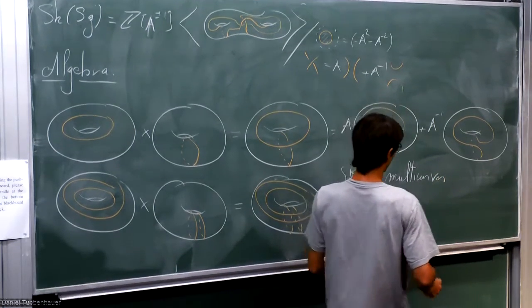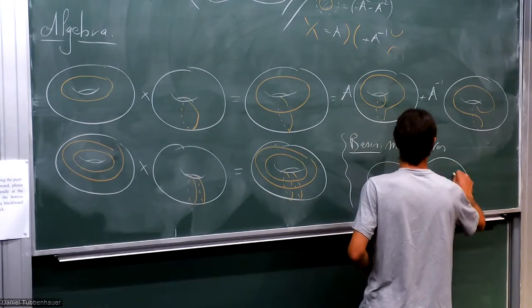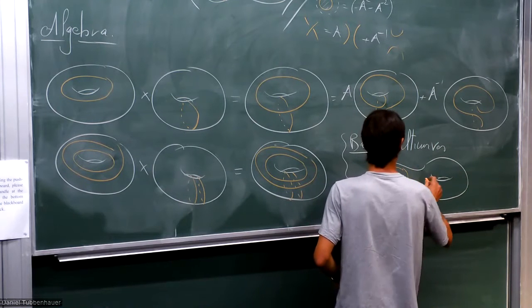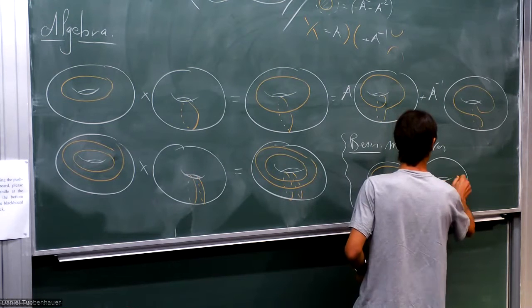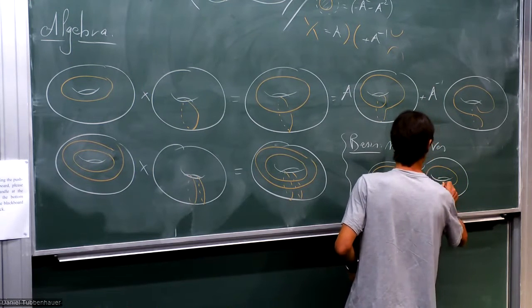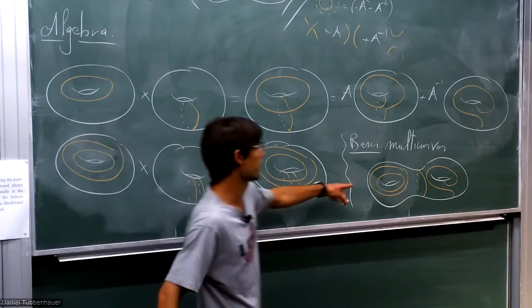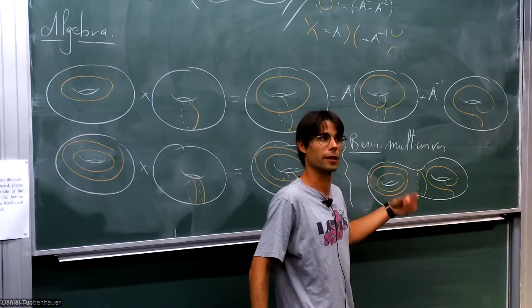So that would look like this, but this would be a multi-curve. So it's very easy to see that they are independent, and slightly harder to see that they also span.